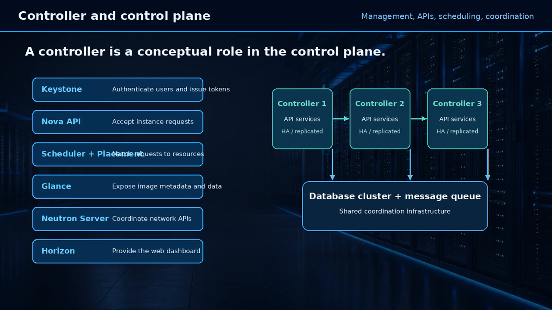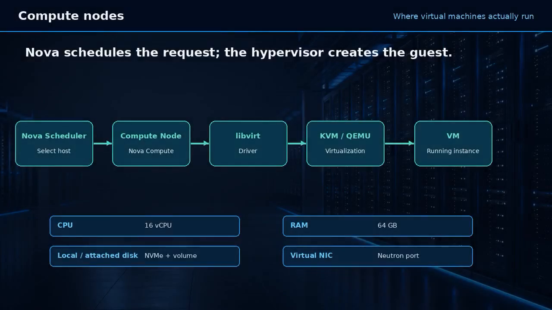Glance exposes virtual machine images and their metadata. Neutron Server provides the networking API and coordinates network resources. Horizon is the web interface, while the OpenStack client and REST APIs provide automation paths. In a highly available design, these services can run across multiple controller nodes behind load balancing, with replicated databases and messaging.